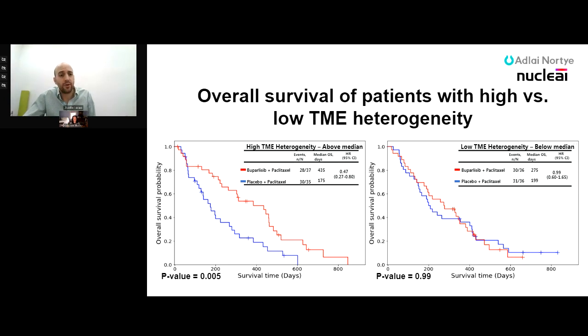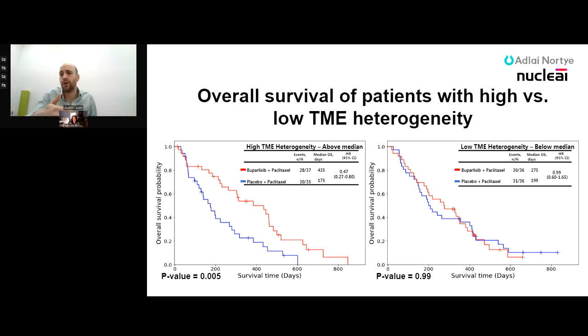So in this scenario, you can see that patients that had a higher diversity or heterogeneity of immune infiltrating or different types of immune cells within the tumor microenvironment had a significant survival benefit compared to those patients that were below the median in terms of the heterogeneity of the tumor microenvironment. And again, this is a novel observation compared to the ability to look at this effectively or efficiently in a traditional biomarker.